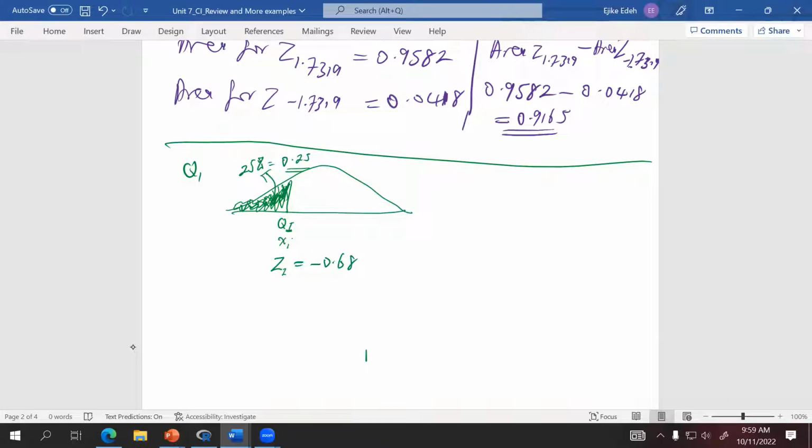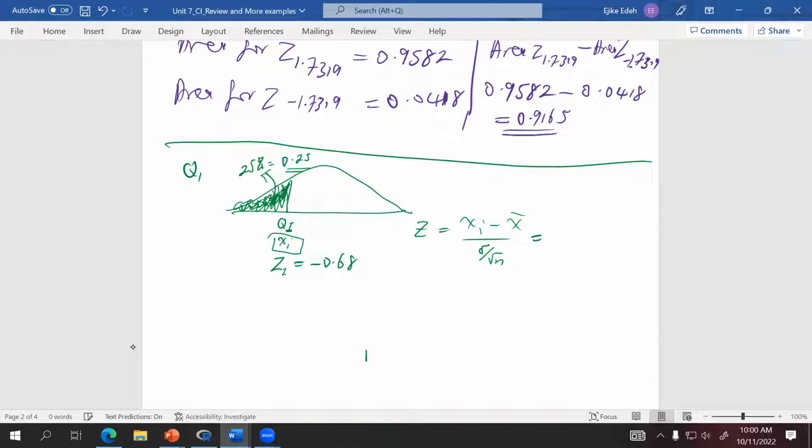Okay, but we know that this is not the value we are looking for, because the question wants the answer in the data form. Converting it, we know that Z is data minus mean divided by standard deviation. But remember, the standard deviation you're going to use will be the one from the central limit theorem, right? Because the question is talking about 12 people. So we're going to use that instead of just the standard deviation.